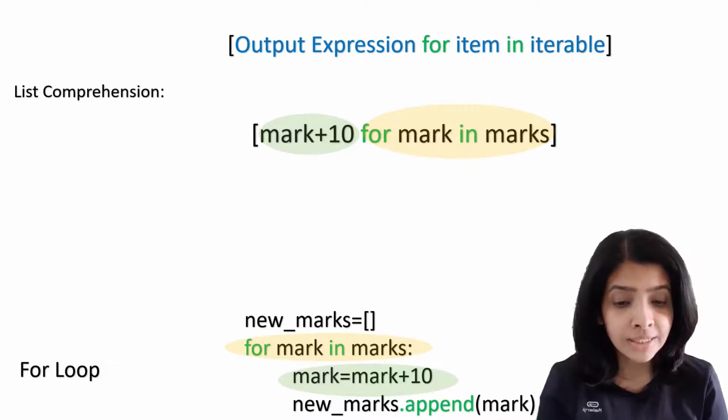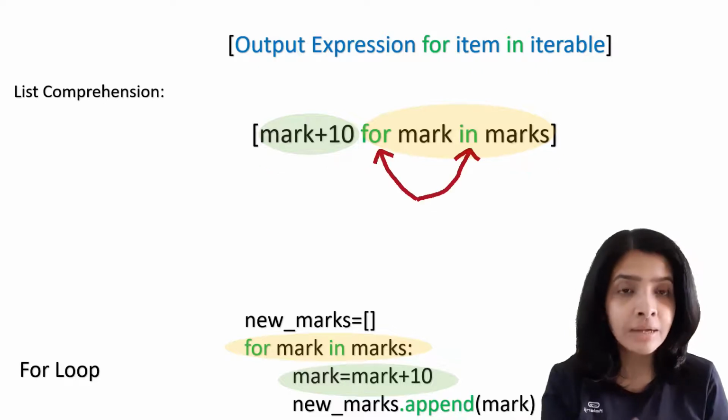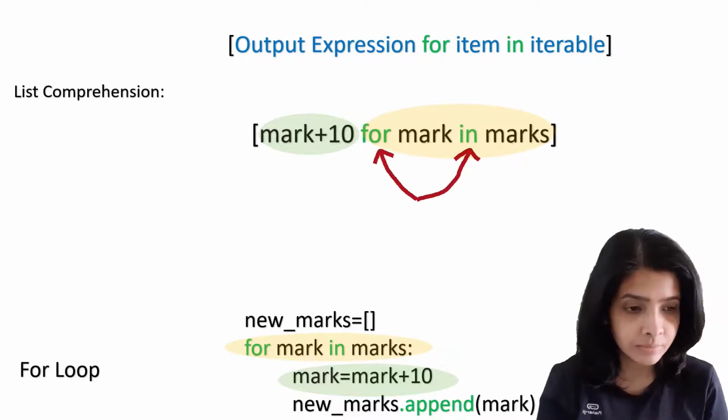So I can call the individual student's mark as marks or x or abc, anything. And for and in are keywords in Python.